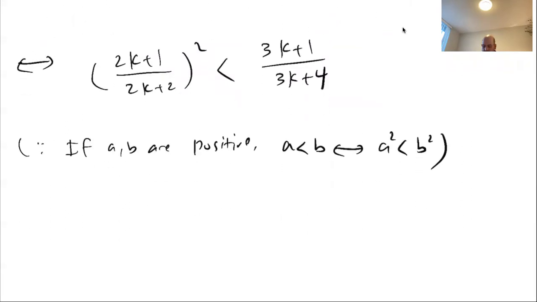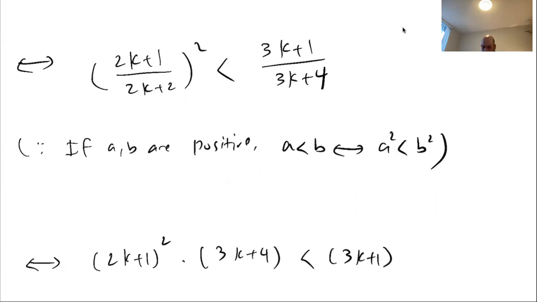Now this one is equivalent with saying that (2k plus 1) the whole squared times (3k plus 4) is less than (3k plus 1) times (2k plus 2) the whole squared. Now, how did I get this one?